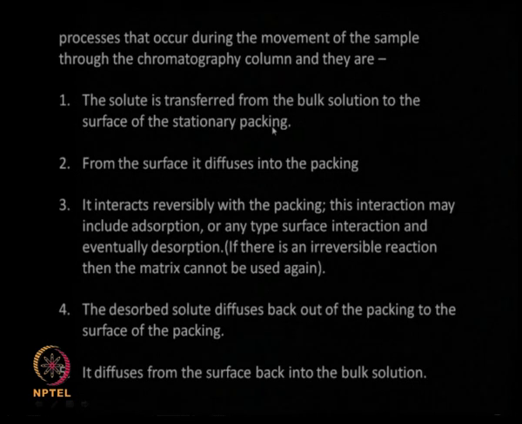So the solute is there in the bulk solution, so it will come to the surface of the stationary packing, then it diffuses into the packing, it interacts reversibly with the packing. So this interaction, different types of interactions are possible. It is reversible interaction, it is not irreversible, because chromatography is always a reversible process. We want to collect the protein and then we want to recover it. So it is a reversible process.